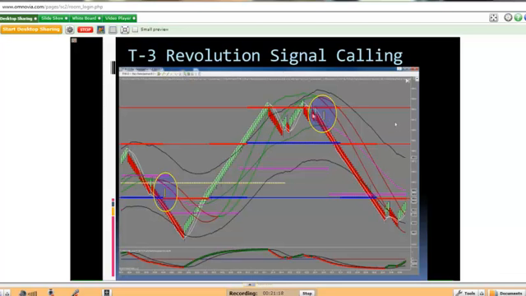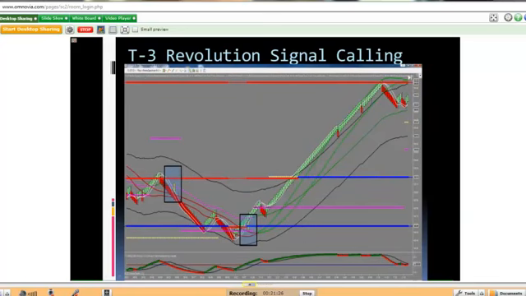So you'll see, just to kind of show you guys some examples on the Russell here. If we go to the next chart, this is crude oil examples, and this is from today. So earlier this morning, 9 o'clock, this is Central Time, there was a short trade.